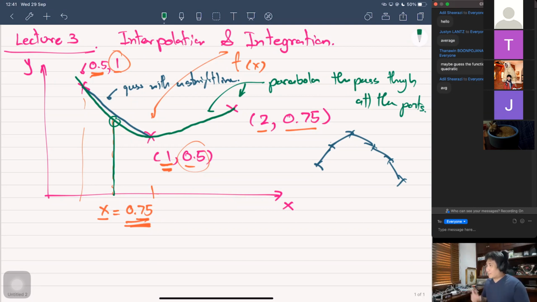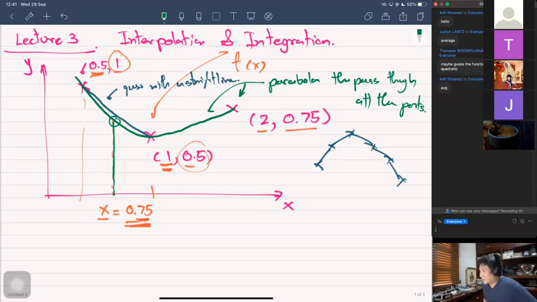So now let me go back to Tanawin's question. Tanawin's question suggests that, okay, that is quadratic. So the question is, is it really quadratic? Let's look at this. If you write a quadratic equation, what does it look like?